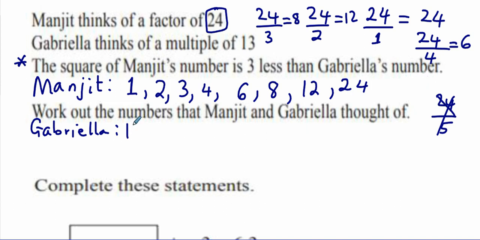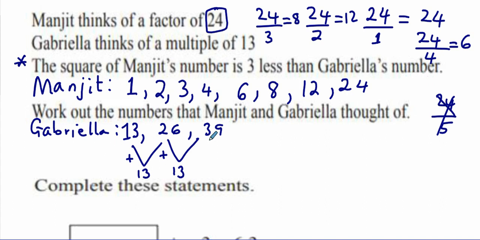The multiples of 13 start with 13 itself, and you add 13 continuously. Let us see. 13, add 13 here. You'll get the next multiple. So 13 plus 13 equals 26. Add the number itself to get the next multiple. This will be equal to 39. Add again 13 to get the next multiple of 13.